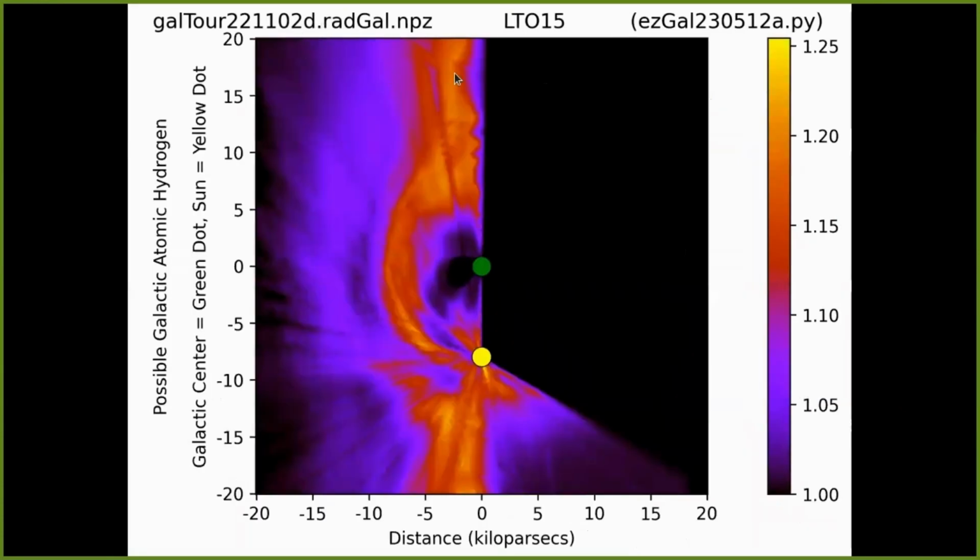We filled in some of the data, at least more points in the center. The sun is now no longer at the center of the graph. The galactic center point, wherever it may be, is at the center of the graph. What can you see here? We see that triangle we were talking about.